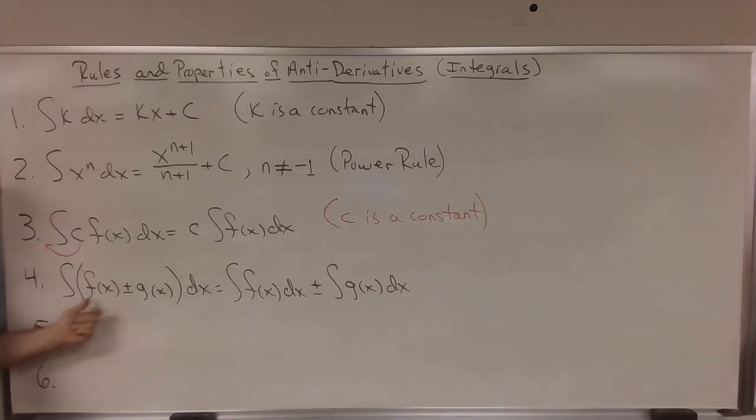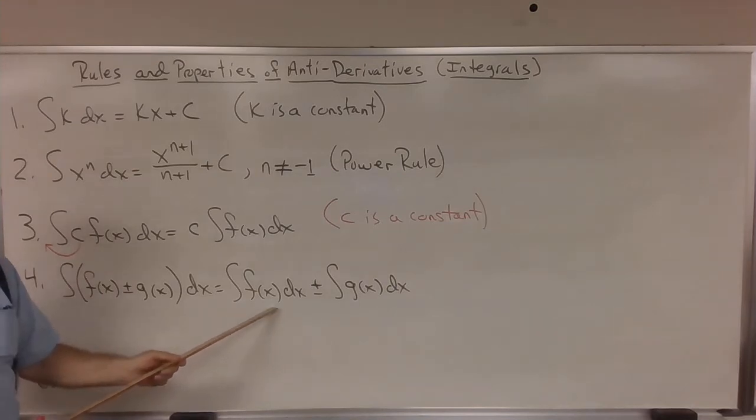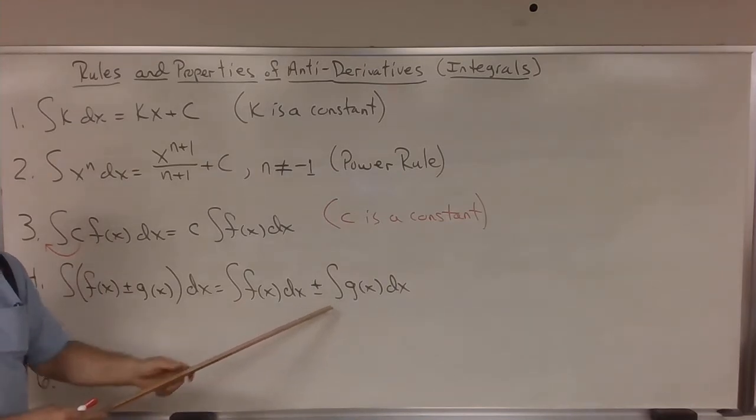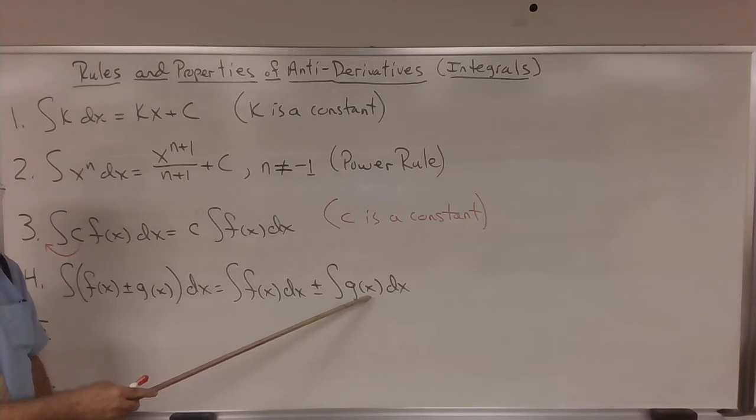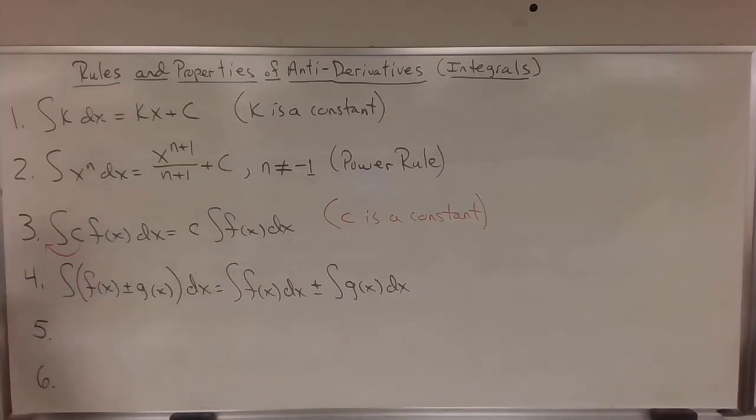The antiderivative of a sum or difference is the antiderivative of the first plus or minus the antiderivative of the second. So what that means for antiderivatives is that if we're computing the antiderivative of a sum or difference, we can compute that antiderivative one term at a time, term by term, and then we just add the results together.